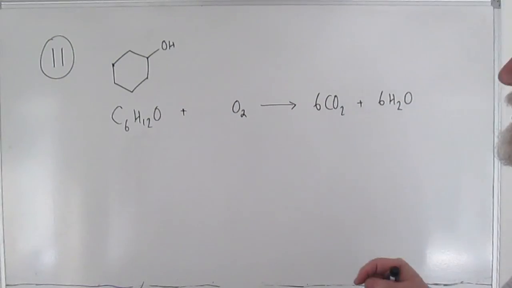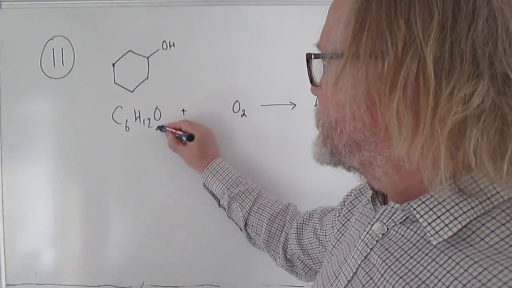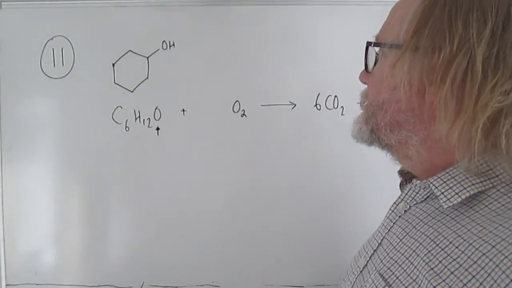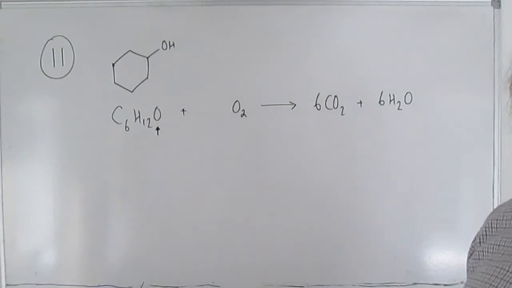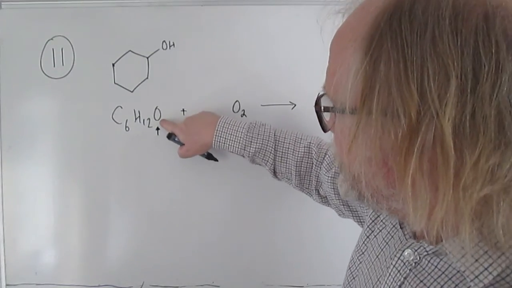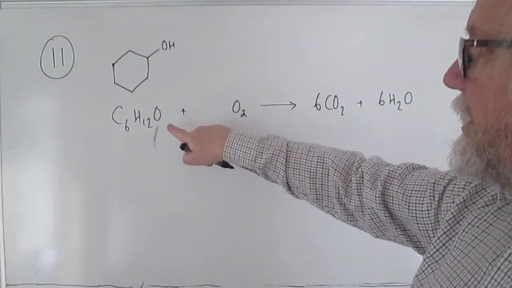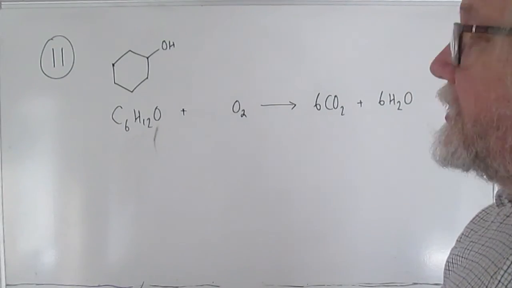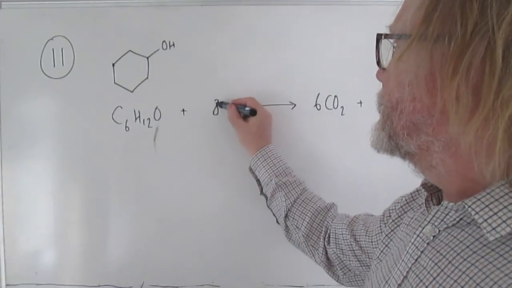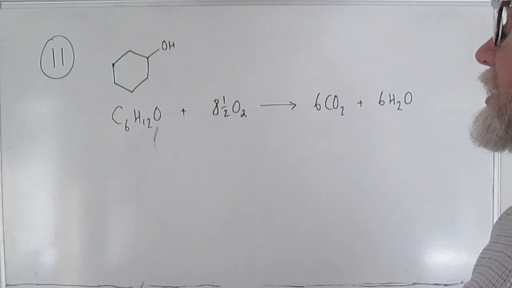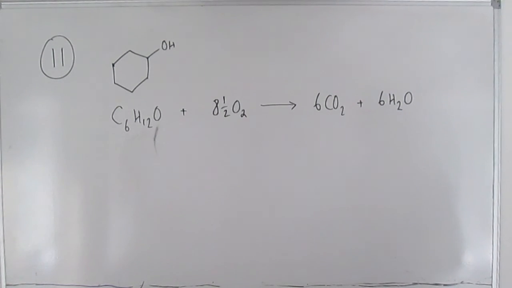And you just have to make sure that you notice that one of them is already there. So if you put 9 O2 there, it's probably because you forgot that that one was already there. So to get 18 altogether, it's that one plus 17 more, and 17 oxygen atoms is 8.5 O2, and that's your equation for complete combustion.